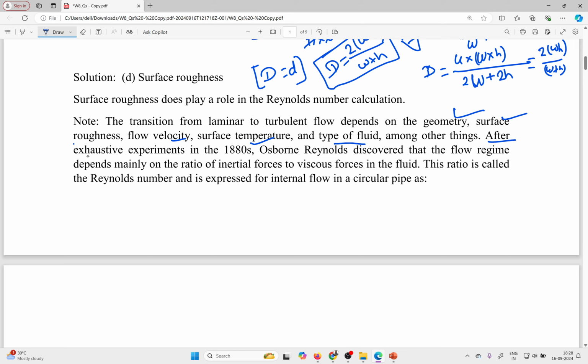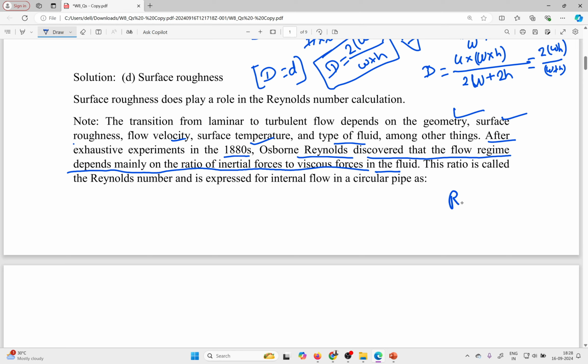After exhaustive experiments in the 1880s, Osborne Reynolds discovered the flow regime depends mainly on the ratio of inertial force to the viscous force in the fluid. Mainly it depends on these two things. There are many things, but these are the main ones, inertial force and viscous force.